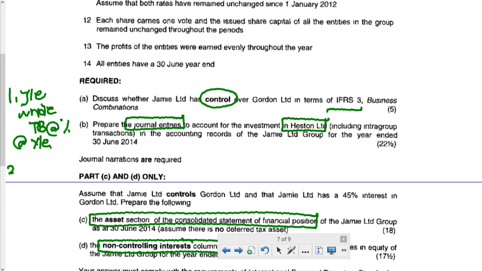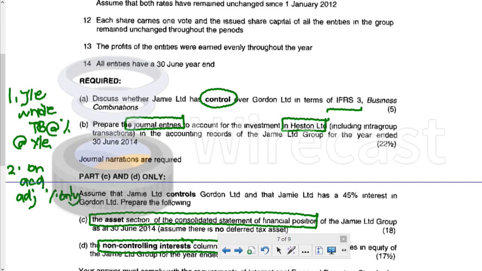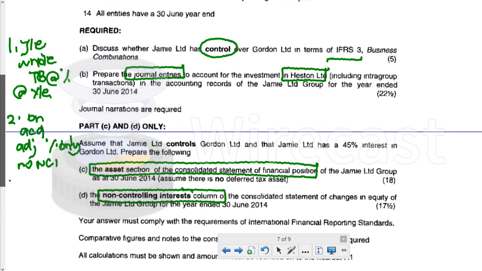Your second journal is your on-acquisition journal. For the on-acquisition journal, there is no on-acquisition adjustment, no NCI, it's percentage only. And there's no NCI, but there might be goodwill or bargain, right? Then journal 3 is intercompanies.